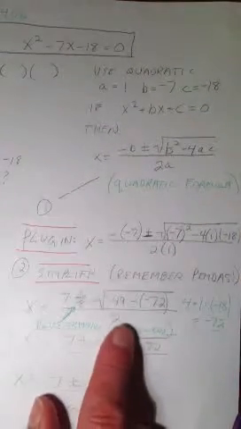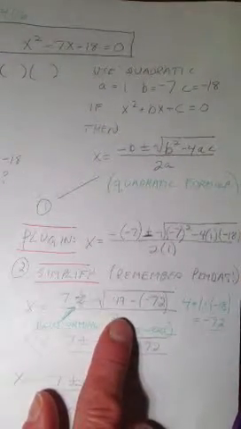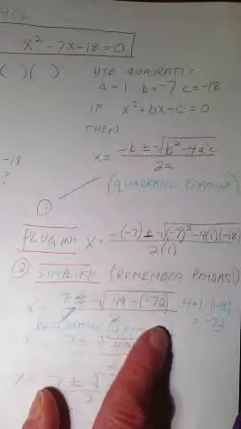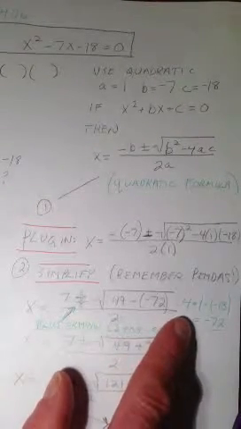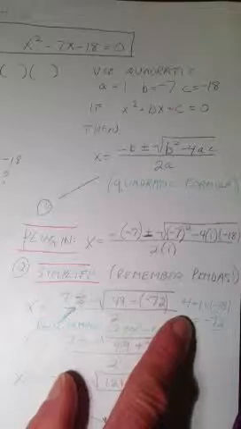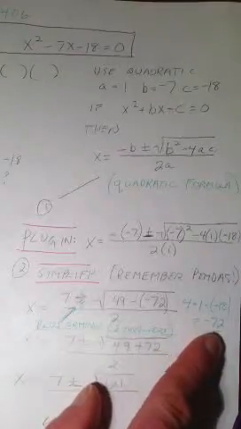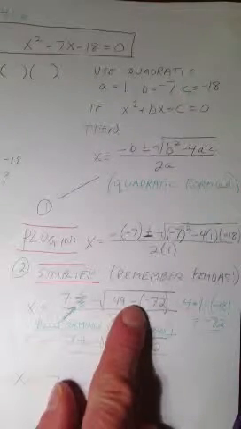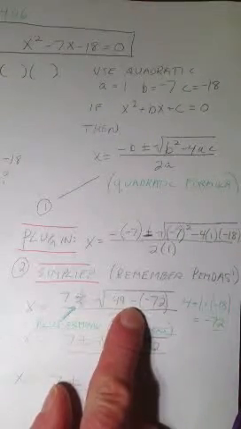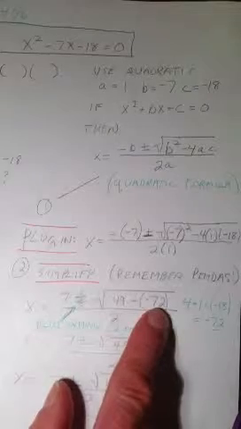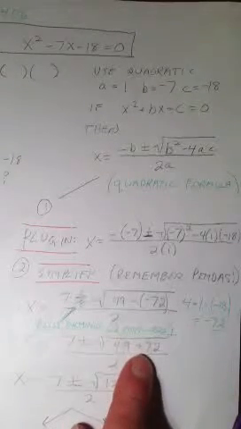So we look at what's inside the numbers. Negative 7 squared equals 49 minus a negative 72, remembering that we're talking about 3 numbers that are being multiplied. 4 times 1 times negative 18 giving us negative 72, and remember that we are subtracting that, so it's negative 72, which ultimately becomes adding.